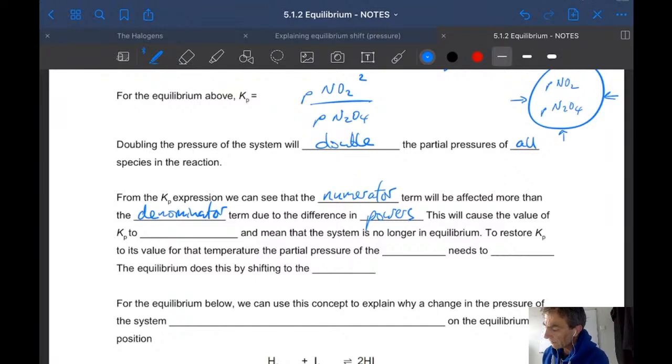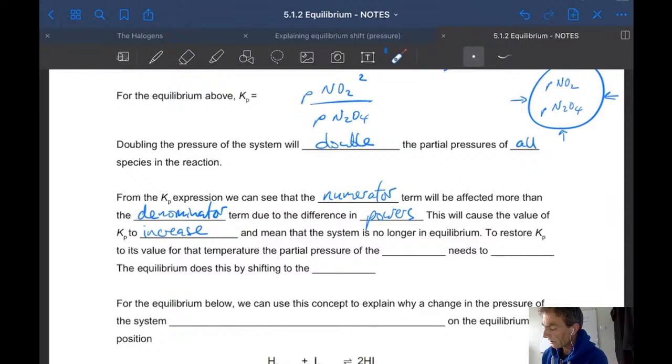So what's that going to do? That's going to cause the value of Kp to increase, because effectively this is increasing more proportionately, relative to that one. So that would cause Kp to increase because the top has got relatively bigger. That's knocking the system out of equilibrium because we're at the wrong Kp value for that temperature.